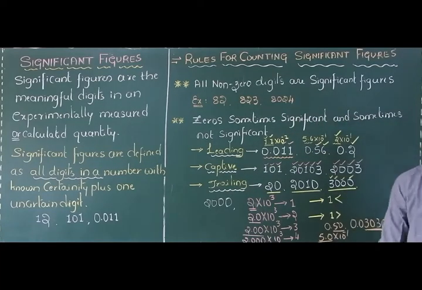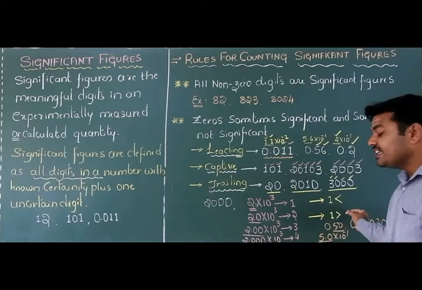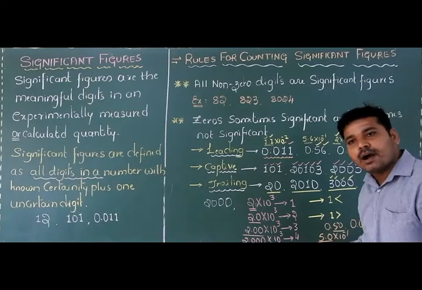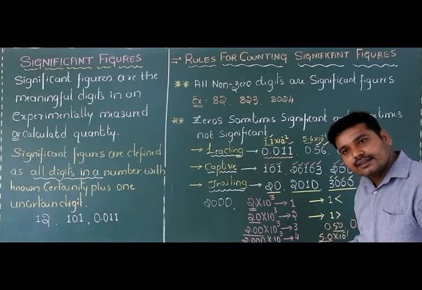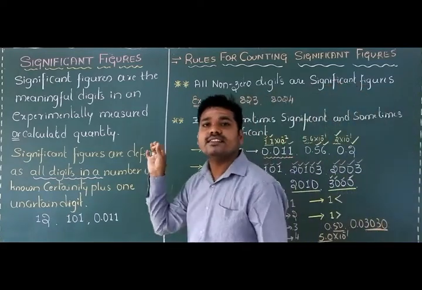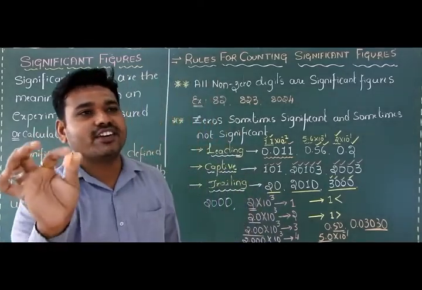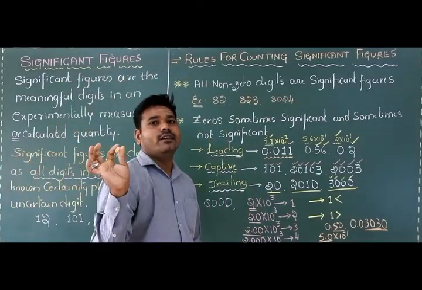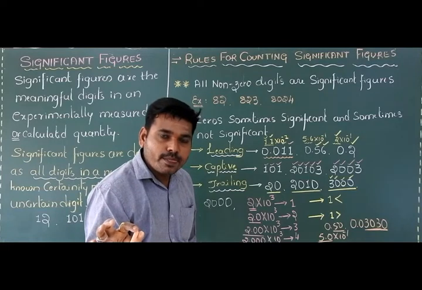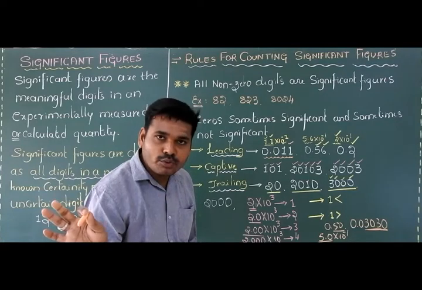So this is regarding the second important condition, students. Is there any doubt in this part? Is it clear? All these are nothing but rules for counting the significant figures in a given number. Is there any doubt in these rules? Both the rules are clear for you.